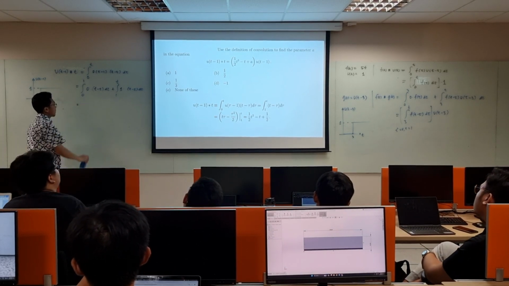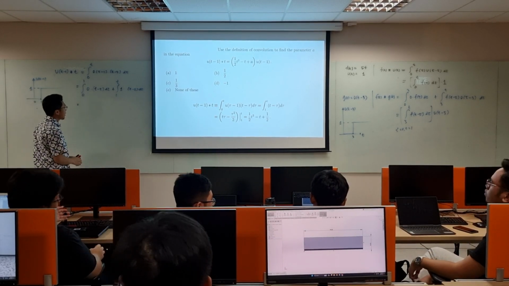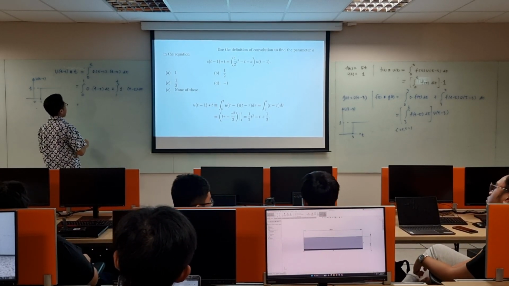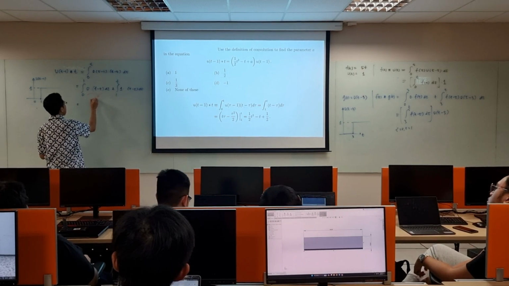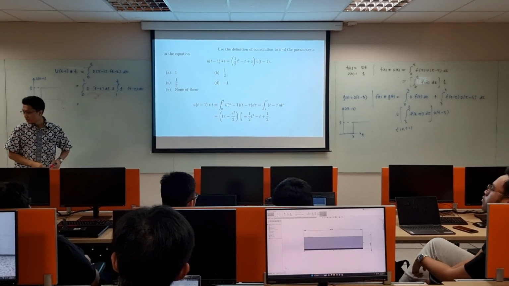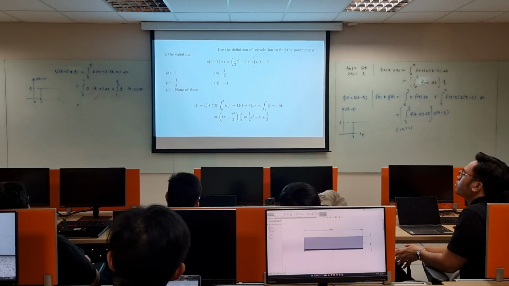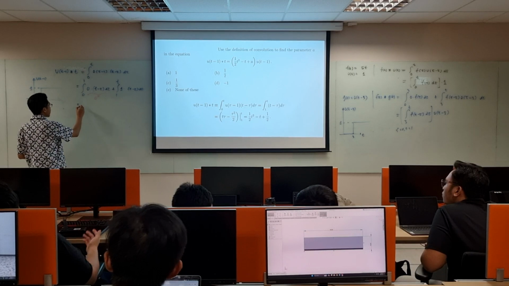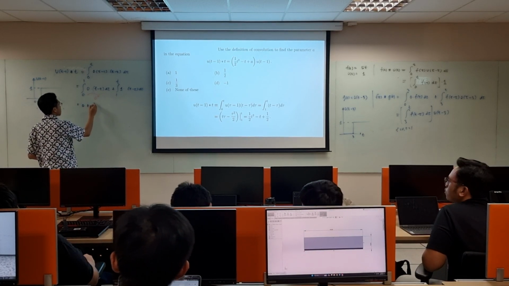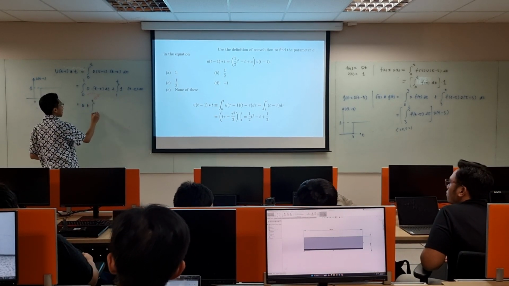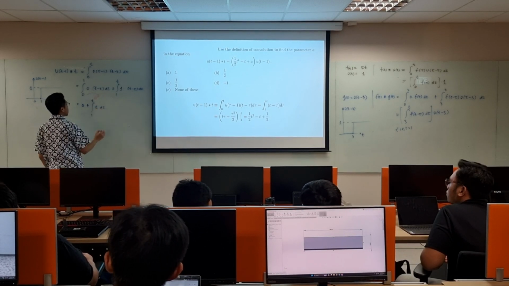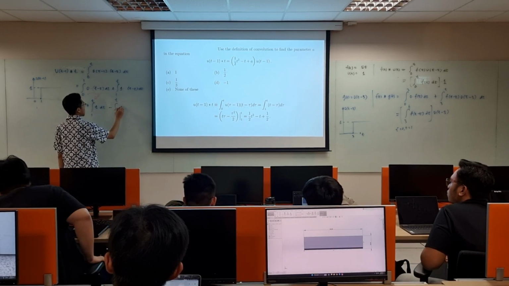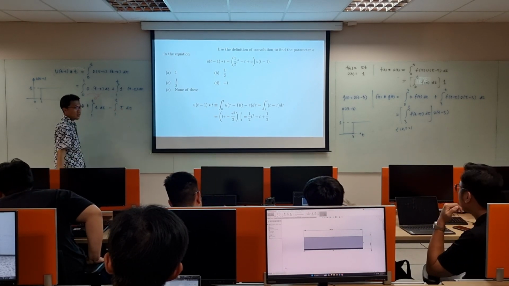So let me write it here. This one is 0. It's gone. And so I have 0 plus the integral from 1 to t of dt... d tau, and then minus the integral from 1 to t of tau d tau, correct?